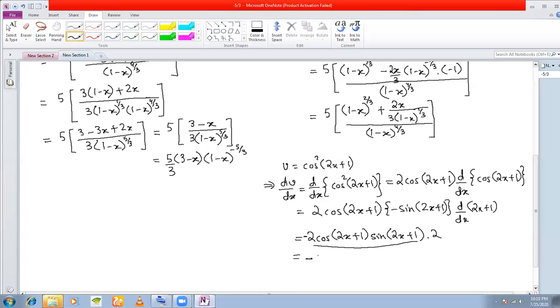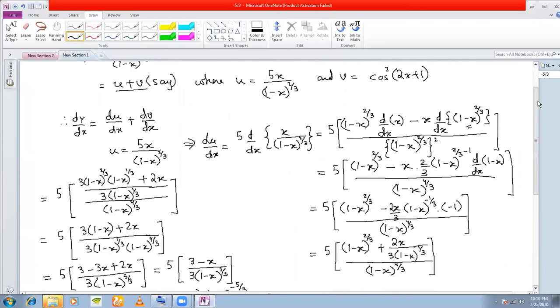So this is minus sine twice (2x plus 1) into 2, which is minus 2 sine (4x plus 2).